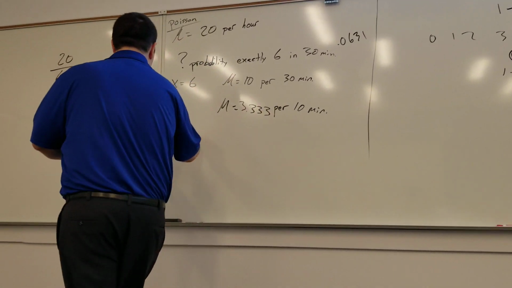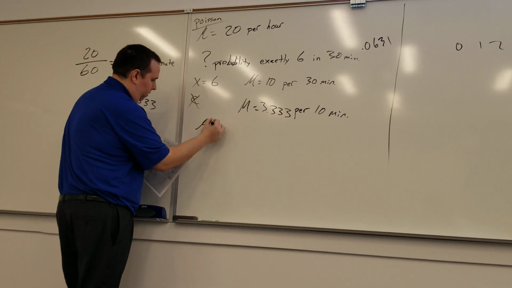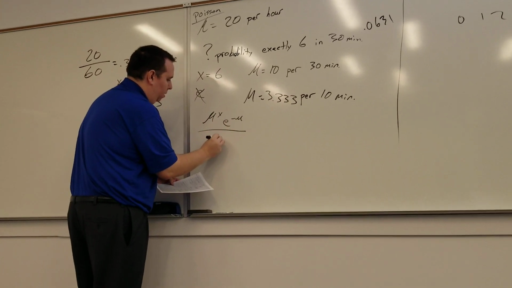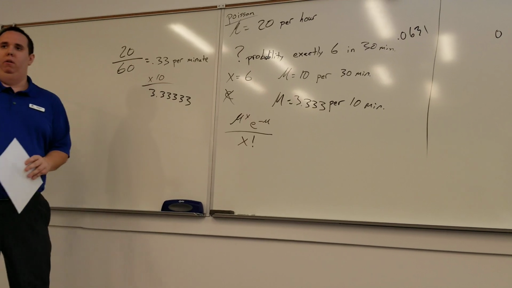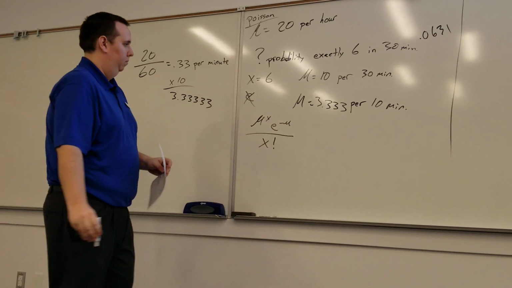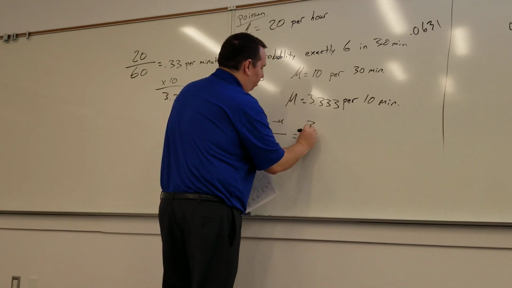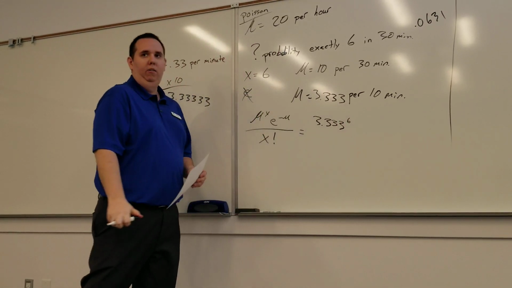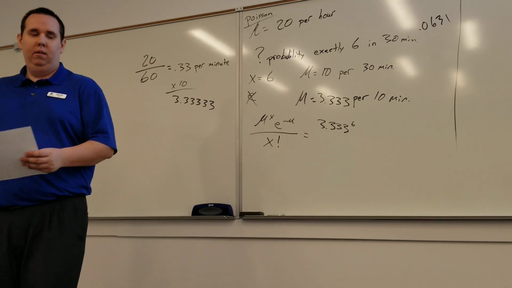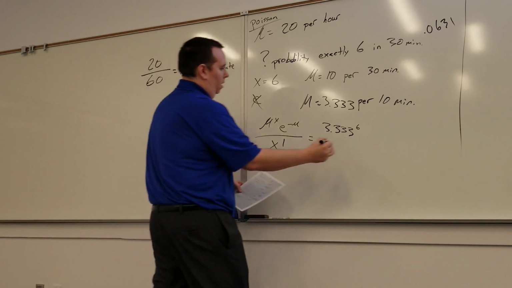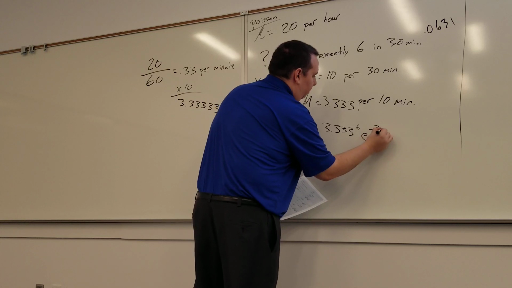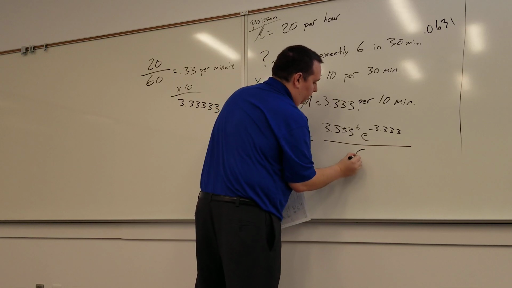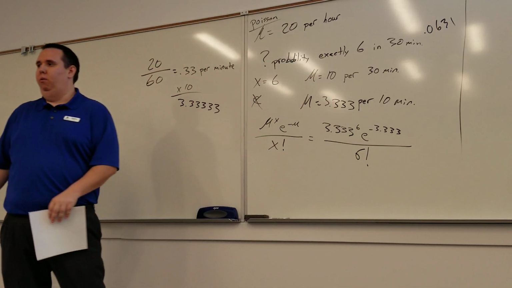And our formula here is mu to the x e to the negative mu all over x factorial. So now we start plugging it in, right? 3.333 to the 6th power, because x is still 6, times e to the negative 3.33 all over 6 factorial.